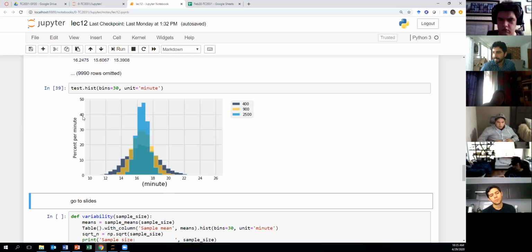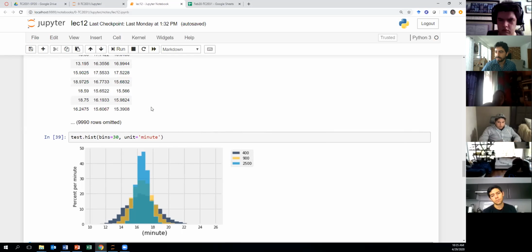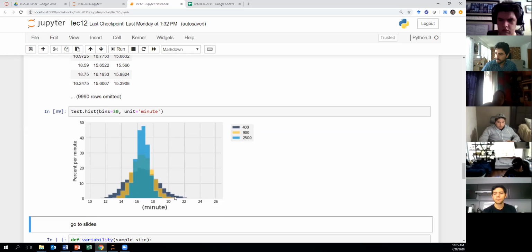So you can conclude there is some sort of relationship between the number of samples we take from our population and the shape of our distribution. They're all not perfectly normal, but they are bell-shaped curves, normal distributions. So let's see what's happening there.